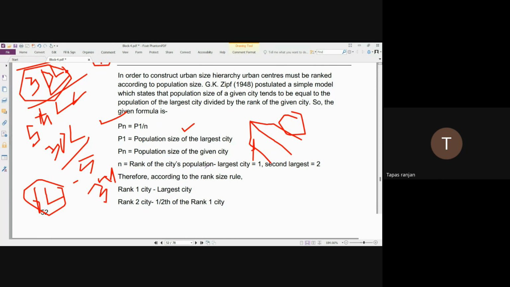So there will be urban supremacy in the primate city concept, while in the binary city concept, here you will not be having any urban supremacy. But in the primate city concept, you will be having this, and this is the rank size rule city element.